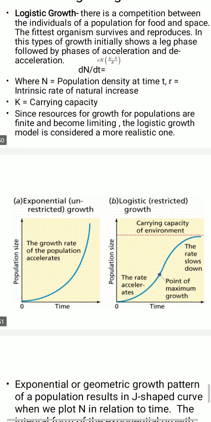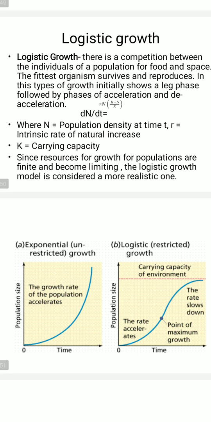To highlight something, here you have exponential growth which is unrestricted. Population size, when it is plotted with respect to time, you will get a J-shaped curve. The growth rate of the population usually accelerates, means increases gradually, geometrically, without fluctuation anywhere.